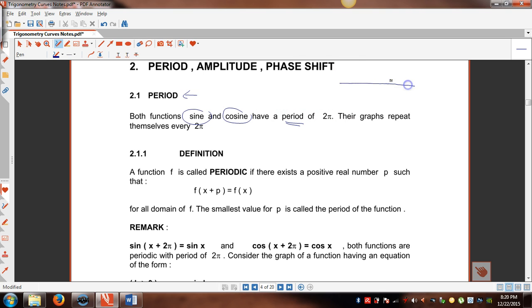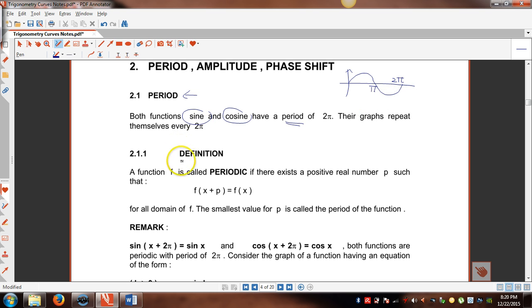If we sketch the graph for sine, this is pi and this is 2 pi, then another pi, 2 pi. So the graph will repeat itself every 2 pi.